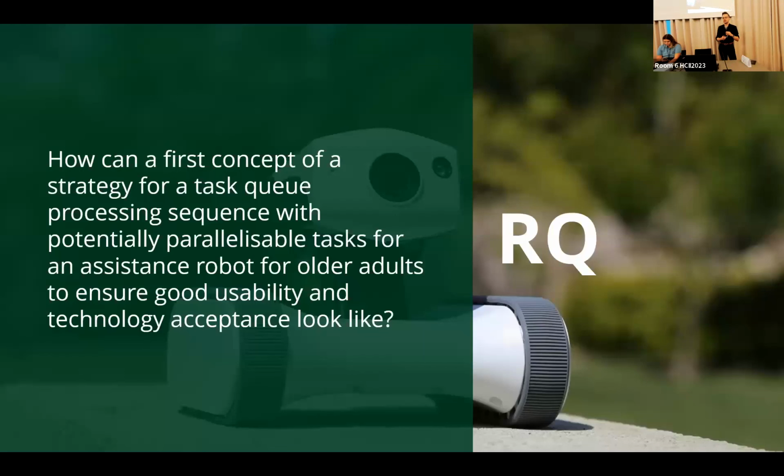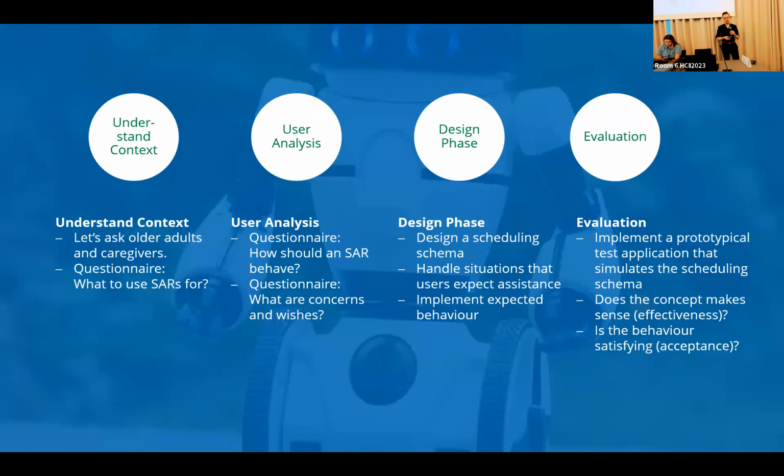So how to categorize different kinds of activities, how to distinguish user triggered activities and externally or system triggered activities, and how to schedule them in the right order. It's something that we addressed using a user-centered design approach. Basically, we have to ask the target user group for their expectations of how to work with a social assistance robot, and in which situations you really expect some assistance.